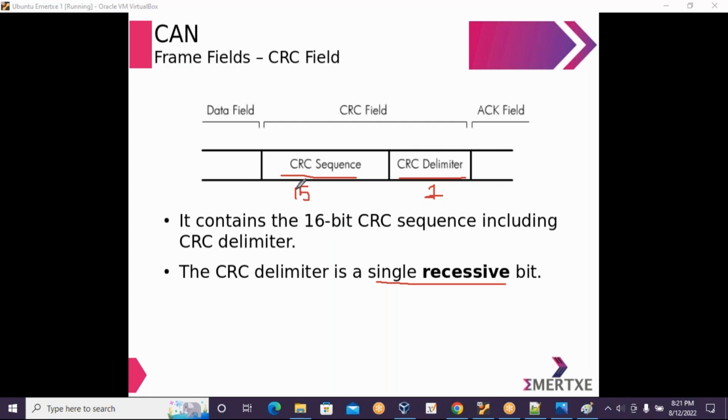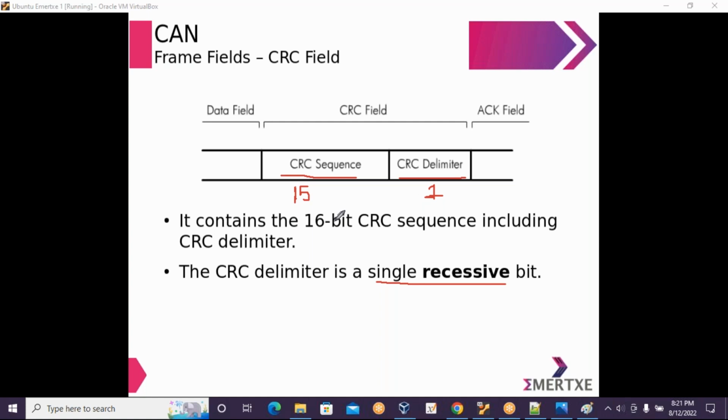Guys, tell me, in the case of UART, how did we confirm whether the data had been transmitted properly or not? Come on, remember it and tell me. Yes, we had something called the parity bit.